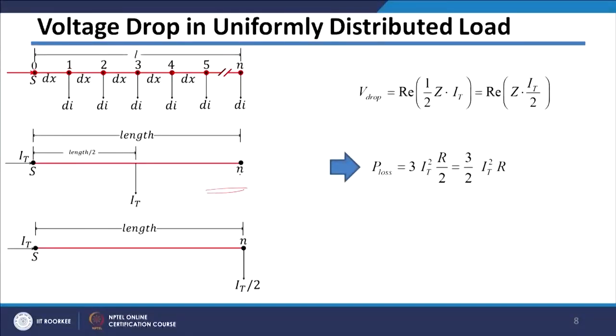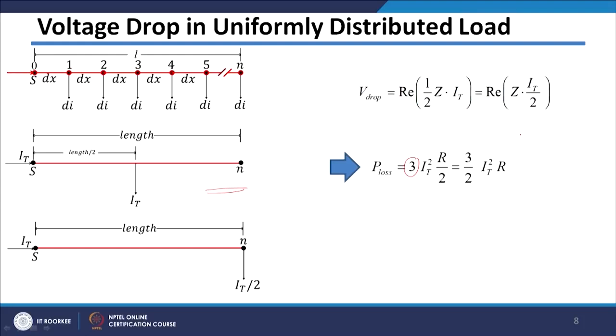Now, see, if you lump this load at this location, how much power loss do we get? Using this particular figure, the power loss in this feeder will be 3 I square R, where the 3 is because of 3 phases.